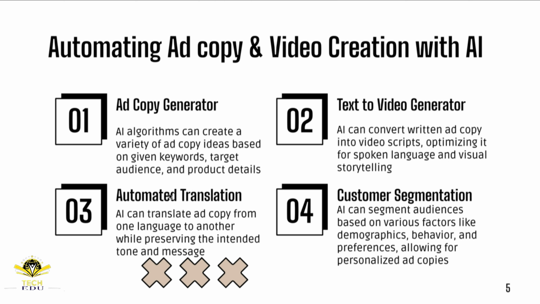part 3, automated translations. All right, so AI can translate ad copy from one language to another while preserving the intended tone and message. Especially if you are going to be selling your product to people from many different countries, people who speak different languages, right? Maybe you have very broad customer targets.